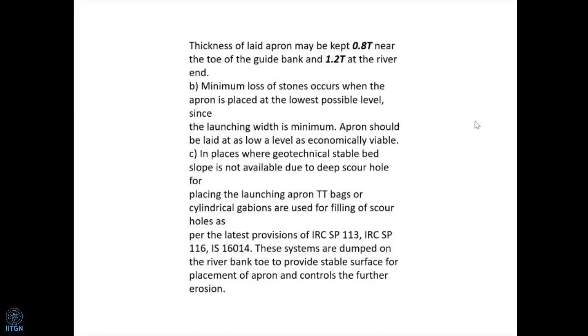So the important thing is placing of the launching apron. If you are using bag or cylindrical gabion, they are used as per the latest provision of IRC SP 113 and IRC SP 116 and IS 16014, which we have referred.